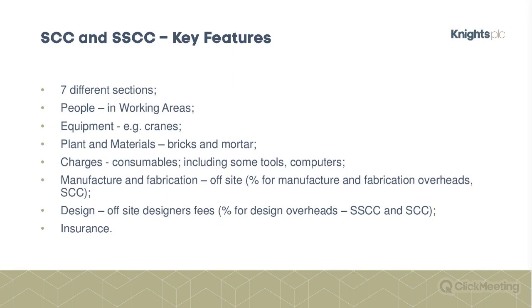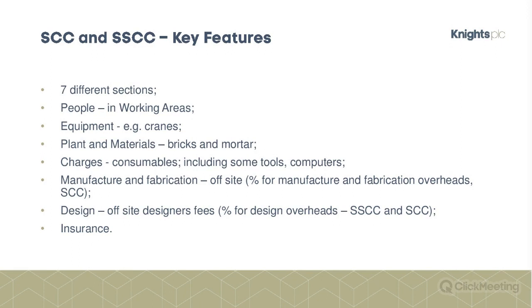So, for example, if you're on a greenfield site building, that would be the site, but you may be allowed to use, say, an adjacent site to put up site cabins, etc. That would need to be included in your working areas if it wasn't part of your site.